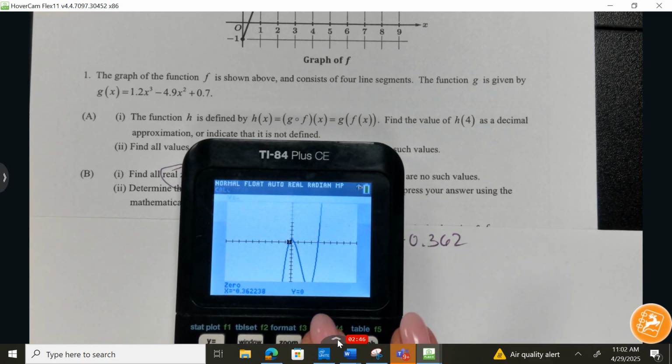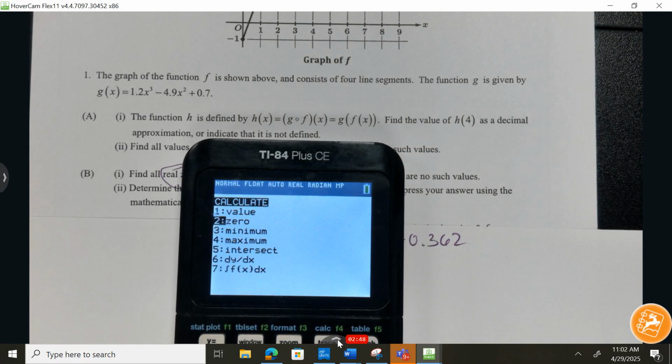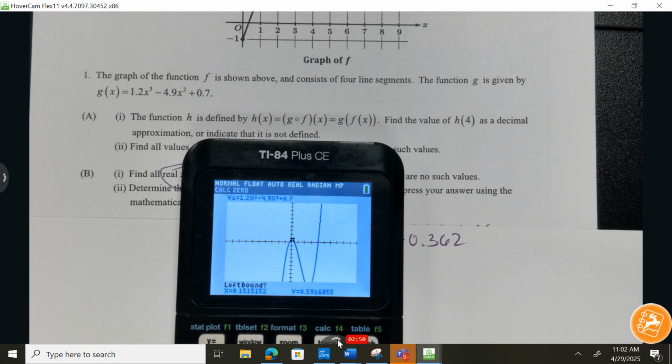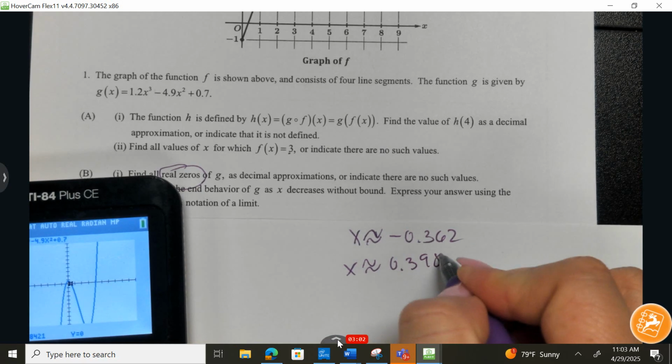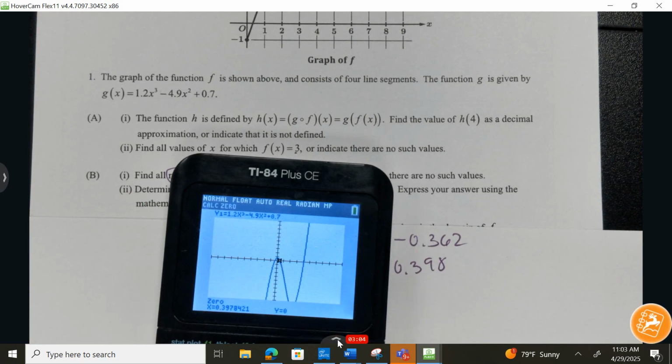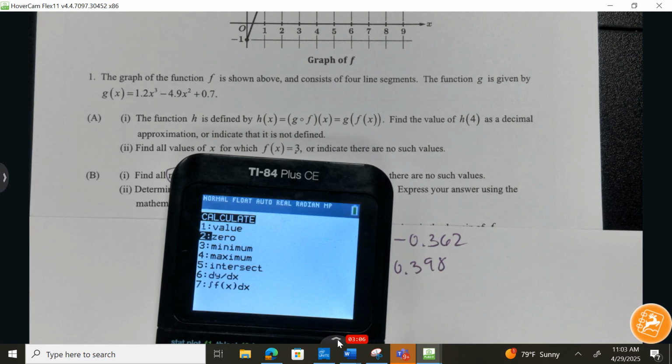Let's do the next one. Second trace, find zero, and down and back up. Okay, we have 0.39, around 0.398. So approximately 0.398. And my last one, second trace, zero.